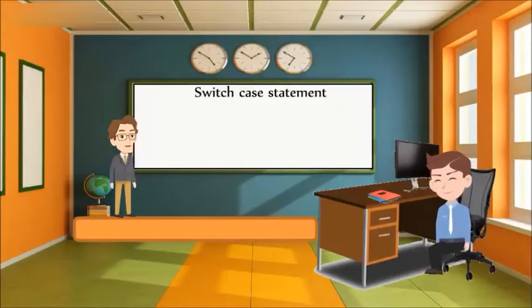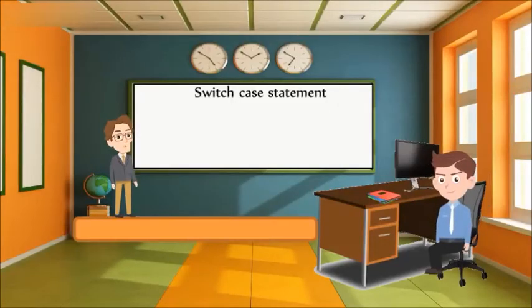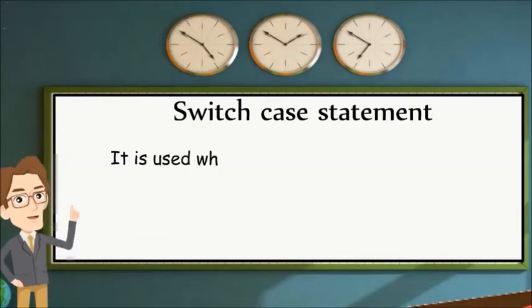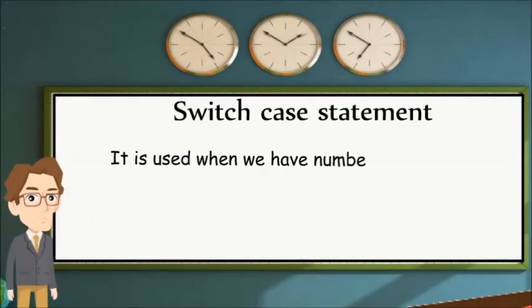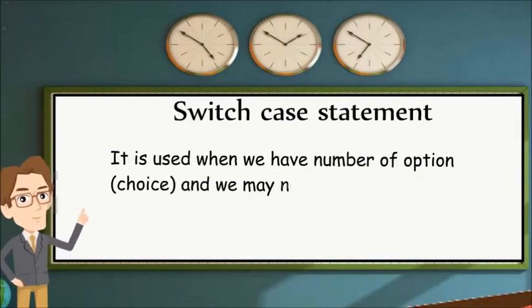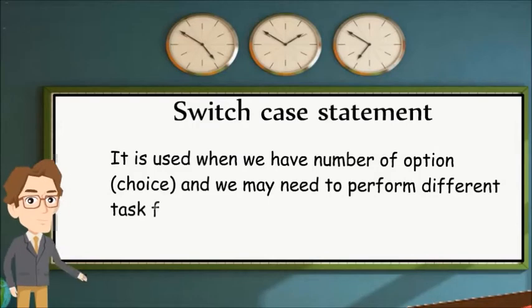Vivek, next one is the switch case statement. As we have already discussed, it is used when we have a number of options or choices and we may need to perform a different task for each choice.